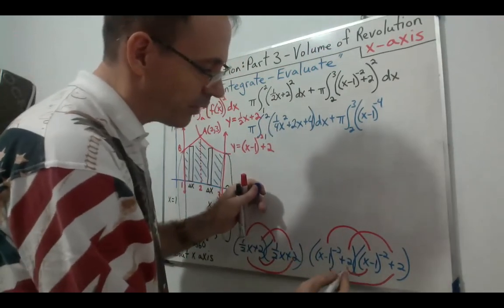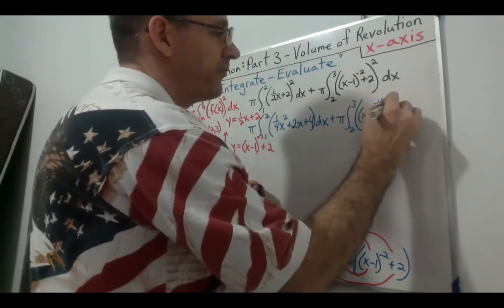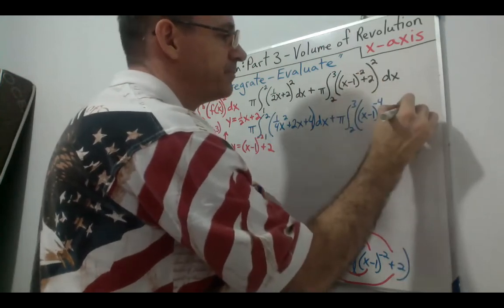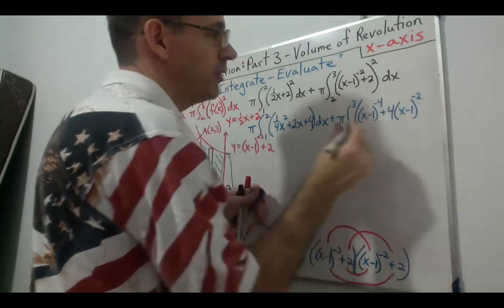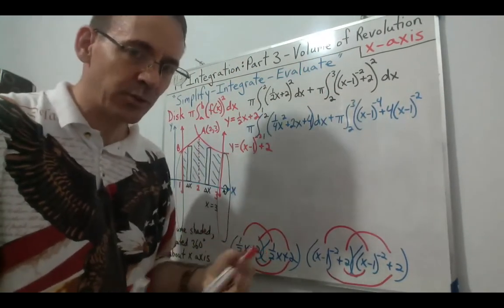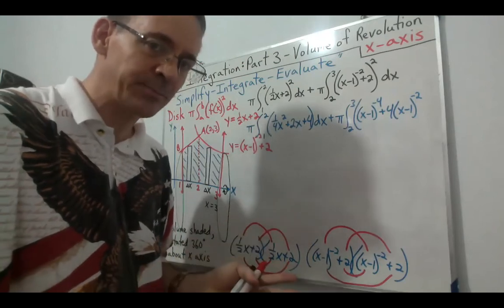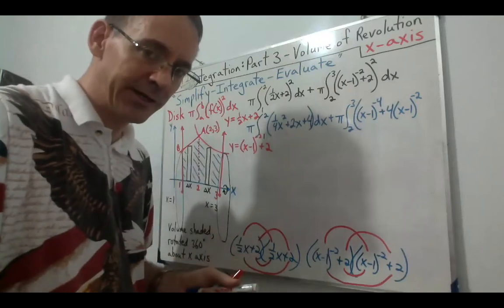Then this middle one, you have 2 of these, and then you have another 2 of these. So we have 4 of these (x minus 1) to the negative 2. Don't try to make this 1 over (x minus 1) squared, and don't try to expand it out in the denominator. Keep it up here in the numerator.